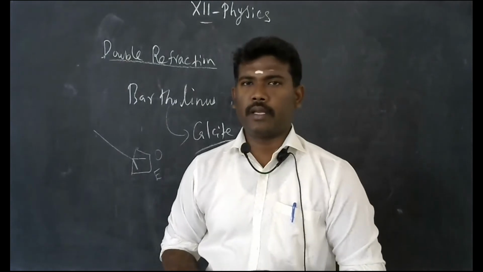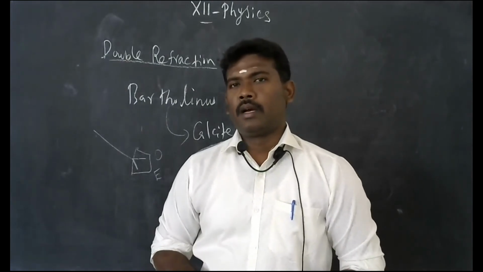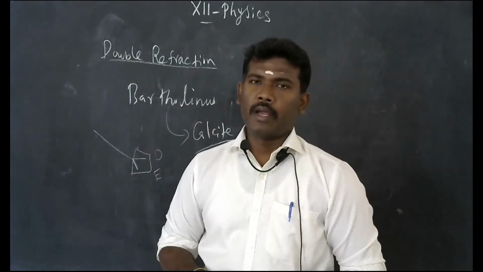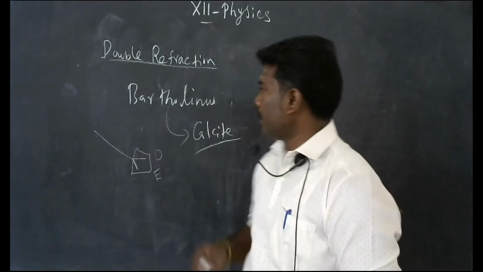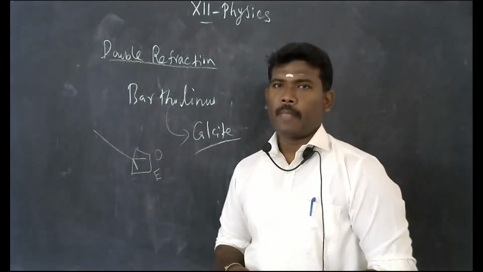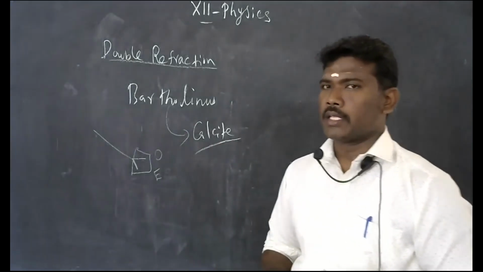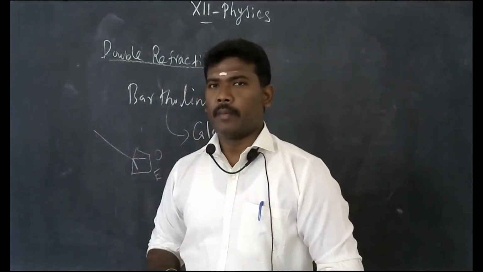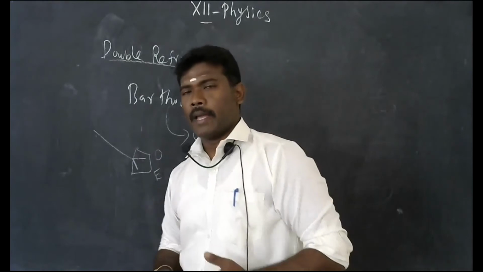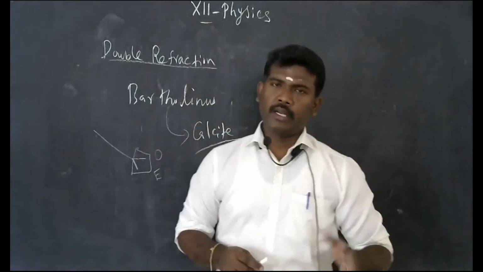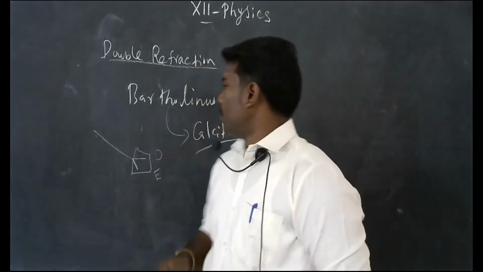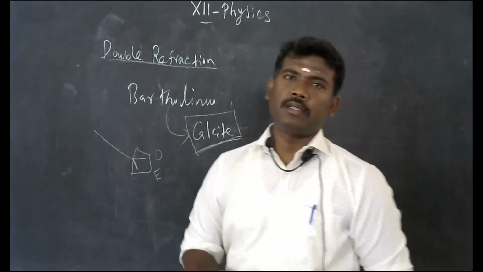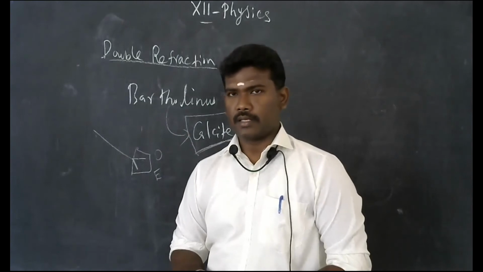So Bartholinus demonstrated the experiment of double refraction. Initially, he did the experiment with the help of calcite crystal. After that, he observed the same double refraction process in different materials like mica and ice. First of all, the double refraction process was demonstrated in calcite crystal.